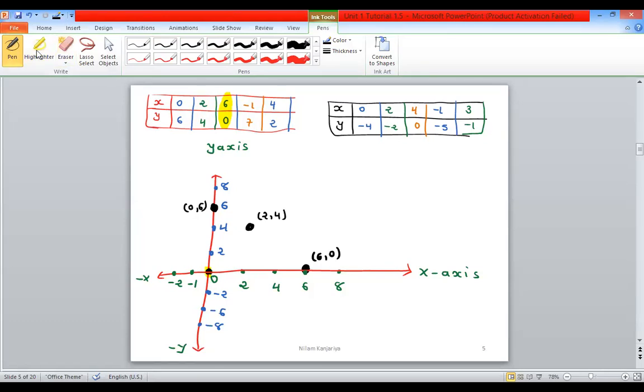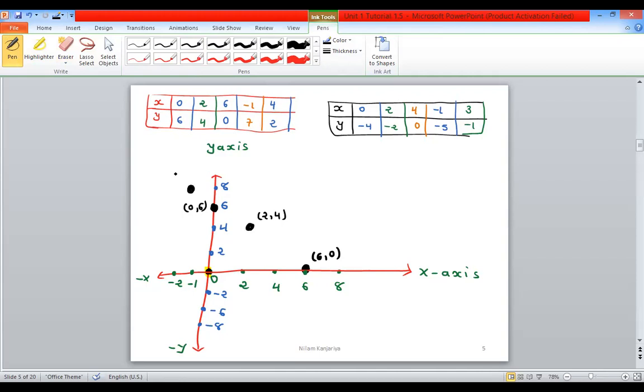Now moving on to the next point, x is -1, y is 7. So this is your -1, and y 7 is between 8 and 6. So this point may be here, not exactly, but it may be here.